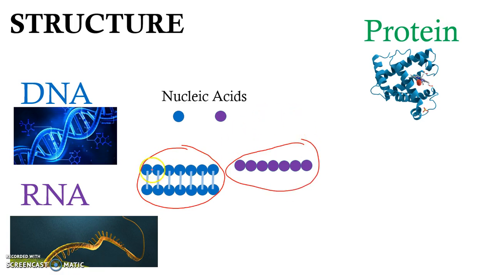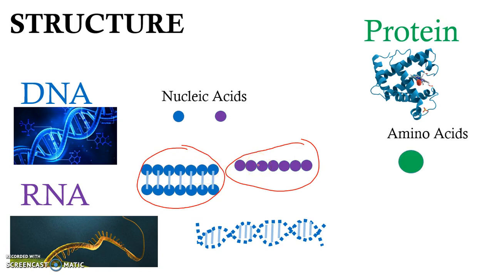The DNA has, like I said, the 2 strands of nucleic acids, and these are joined together by hydrogen bonds. And as we always see DNA in this double helix, it's basically that ladder of nucleic acids twisted. So you get that double helix. The RNA is single-stranded and is essentially just a copy of one of the strands of DNA.